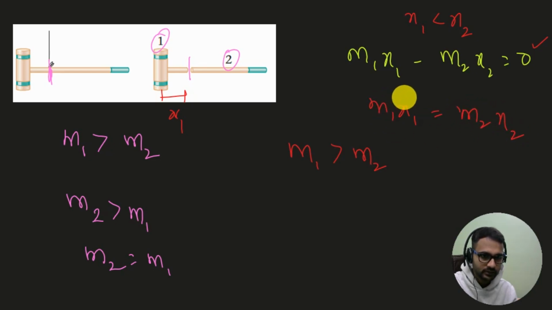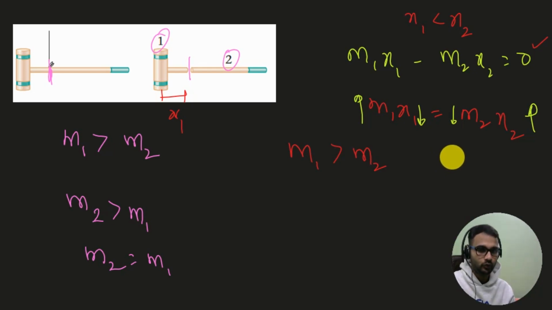Now the product m1 x1 and m2 x2 should be equal, otherwise things will not balance. So if x2 is more, x1 will be less. Now to balance this, m1 has to increase and m2 should be less, so that the product is equal. I hope you got the problem I'm saying.